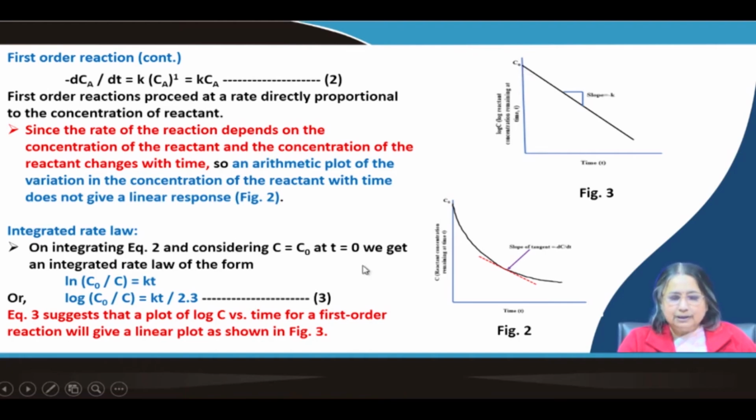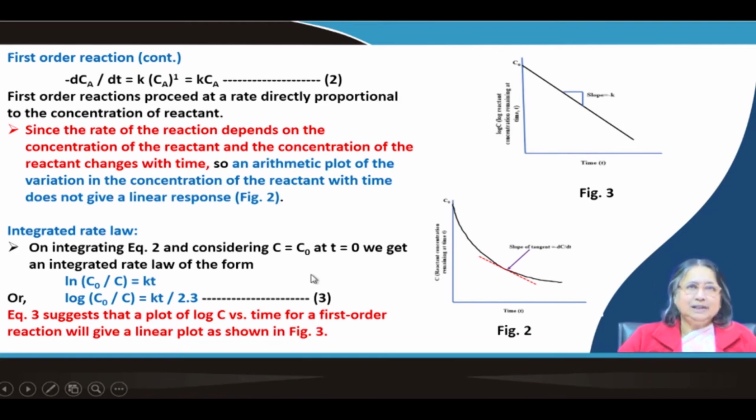And you can plot log C or ln C, and you will get this type of curve with negative slope. But if you plot ln C0/C, then also you will get a straight line, and it will be with positive slope, okay. So, this is the integrated rate law for a first order reaction.